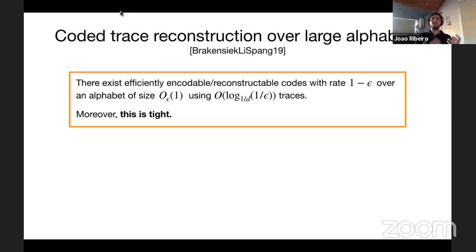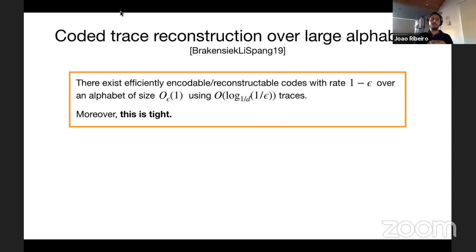How easy does it become if one is allowed to have a larger alphabet? In this case, they consider the following setting where you have a code of rate 1 minus epsilon with alphabet size basically only depending on epsilon. And they show that you can have a code that only requires roughly log 1 over epsilon traces, and actually that this is tight.